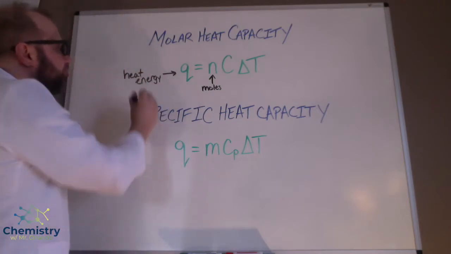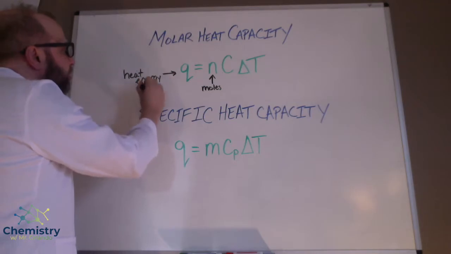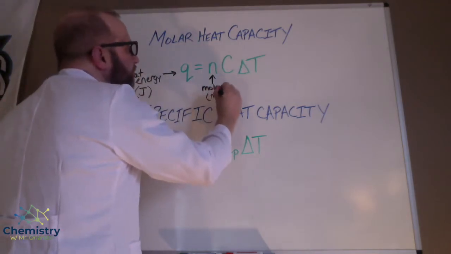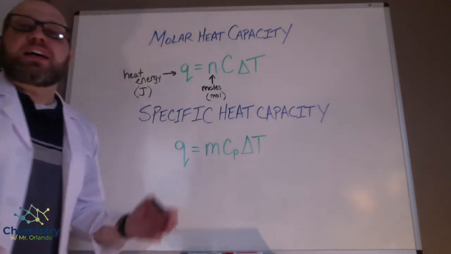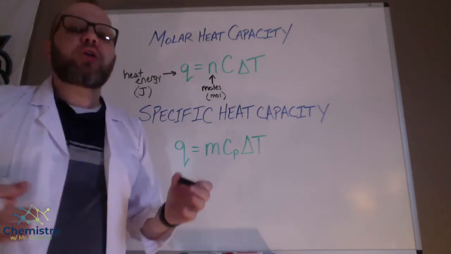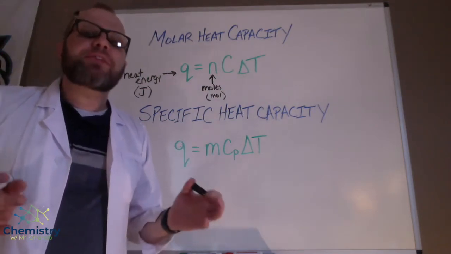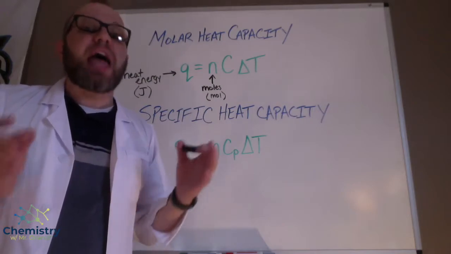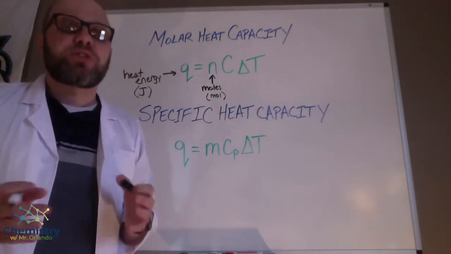Now, Q is going to represent our heat energy, and heat energy is going to have a unit of joules. Of course, moles has the unit of moles. The capital C that you see right here is called the molar heat capacity constant, and it's specific to whatever material and whatever state of matter you're dealing with.